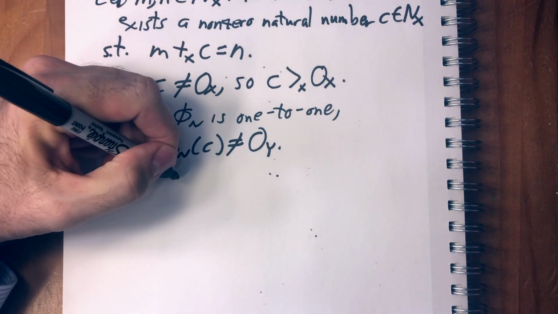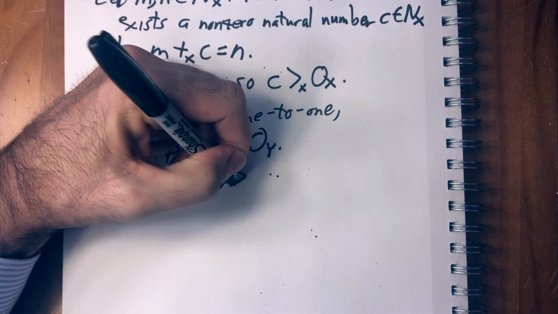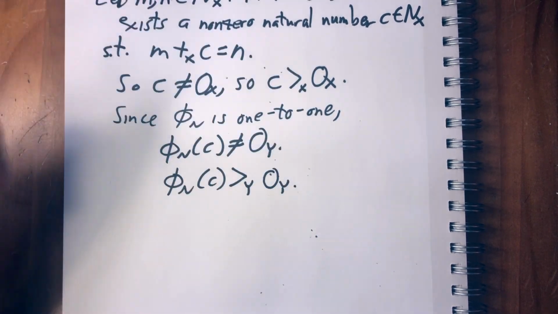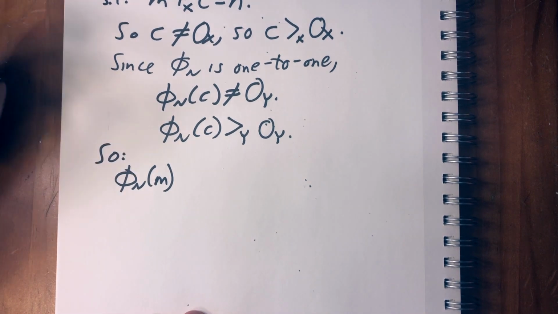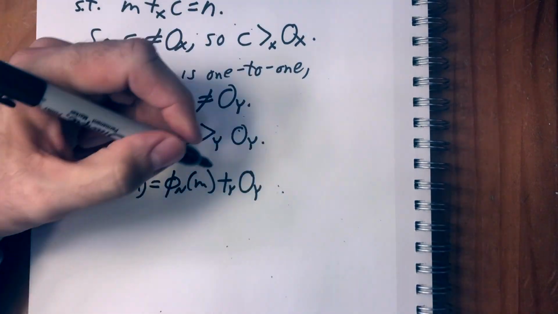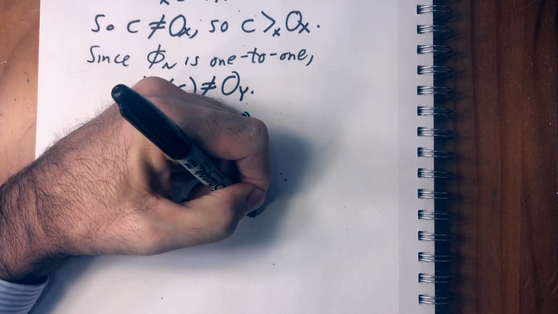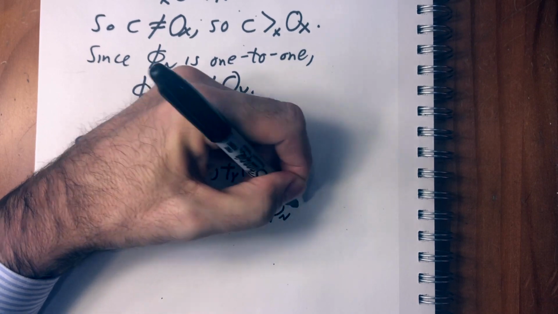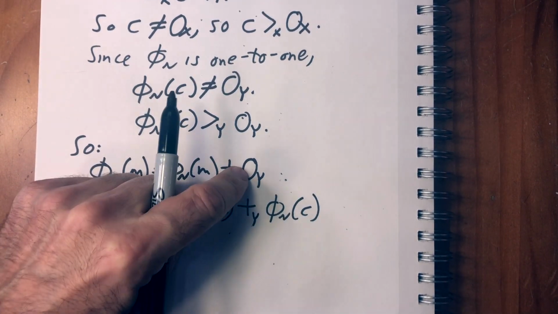So that means also that phi of c has to be greater than 0 in y. So with this in mind, if we start with phi of m, we can add 0 to that, and that is less than phi of m plus phi of c. That's only because we know that c is bigger than 0.